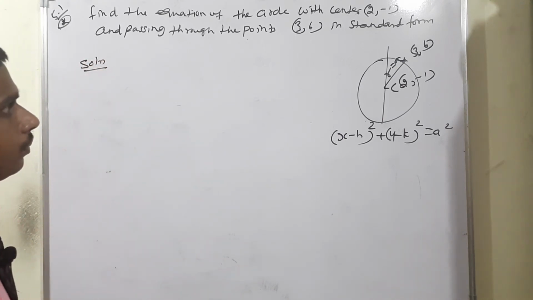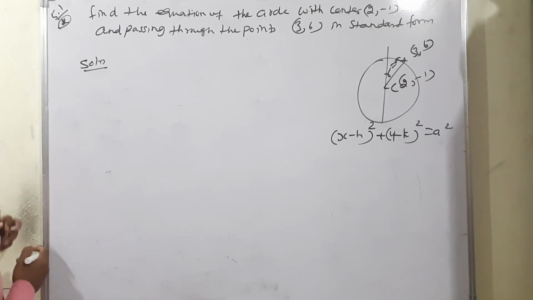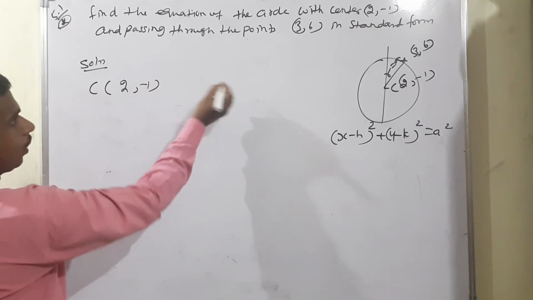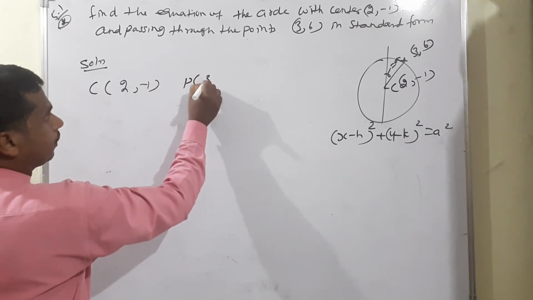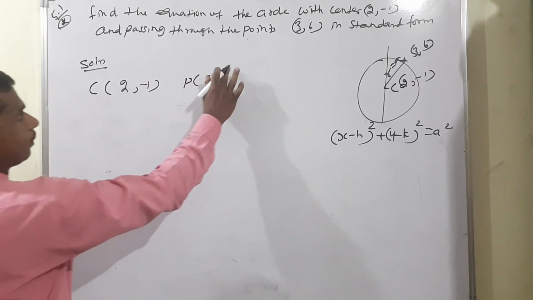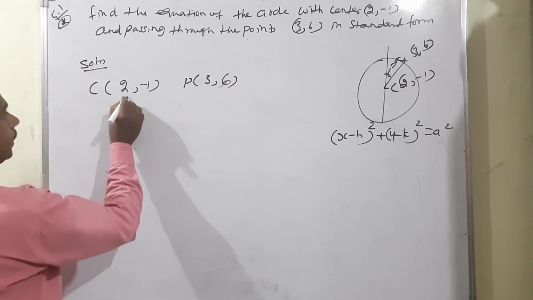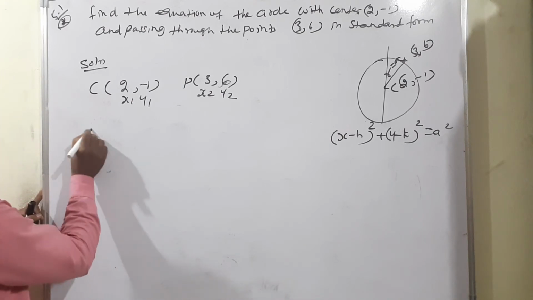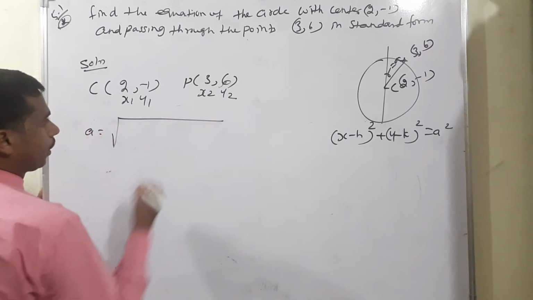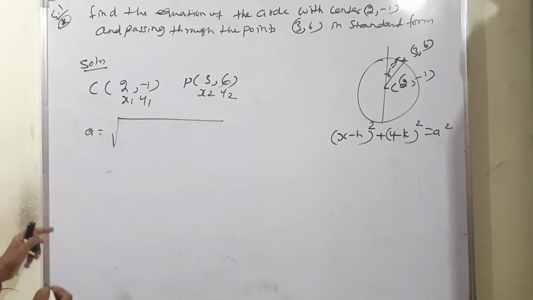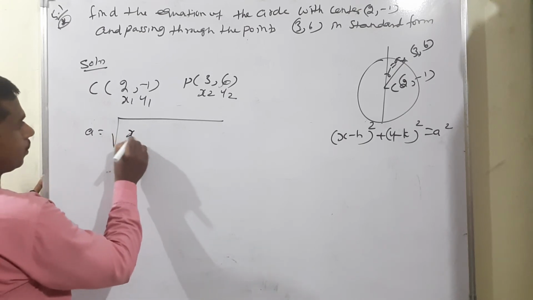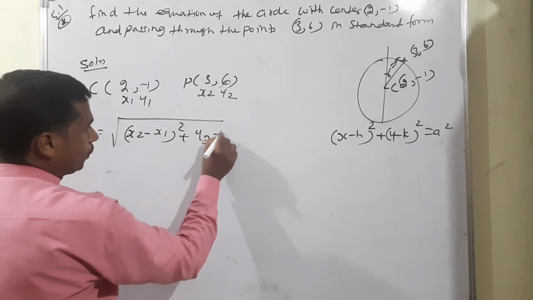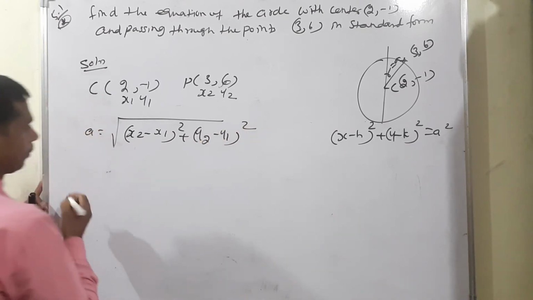Radius, how to find out? The distance formula we can apply. Okay, the center, what is the value of the center? 2 comma minus 1. Then P is 3 comma 6. This is considered as x1 and y1, and this is x2 and y2. So a is equal to the distance formula, square root of (x2 minus x1) the whole square plus (y2 minus y1) the whole square.